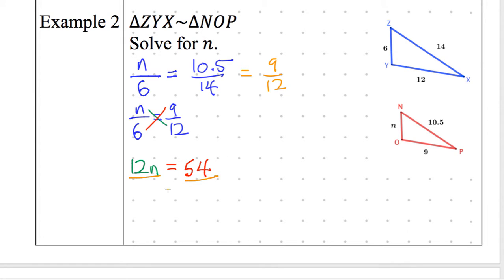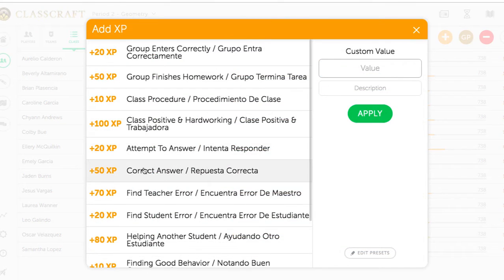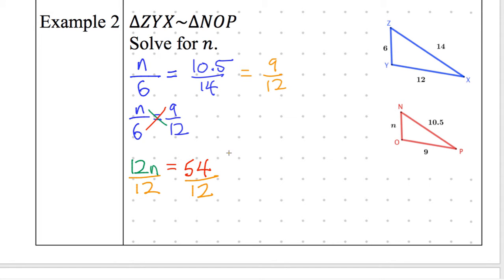Turn it in, Colby. And Colby, what happens when you do 54 divided by 12? That's a harder question. Divide the top and bottom by... It is 4.5.